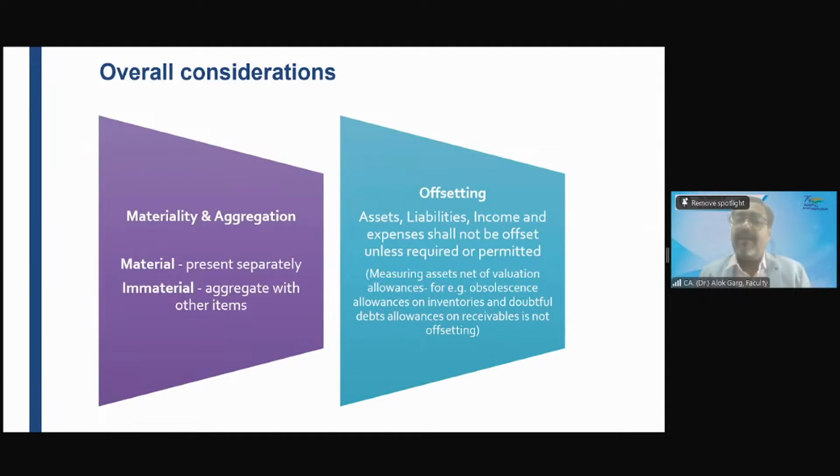But whenever she has to incur this 50,000 rupees as an expense, she will get it reimbursed by the company. So friends, question number 1, whether this provision for warranty towards customer, which is a liability, and the reimbursement from the company, which is an asset, whether this asset and liability has to be netted off? No. Why no?